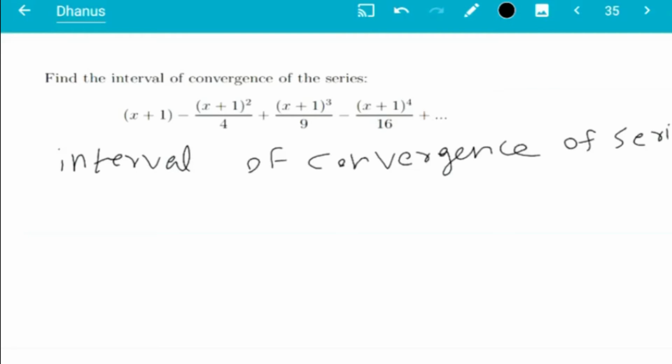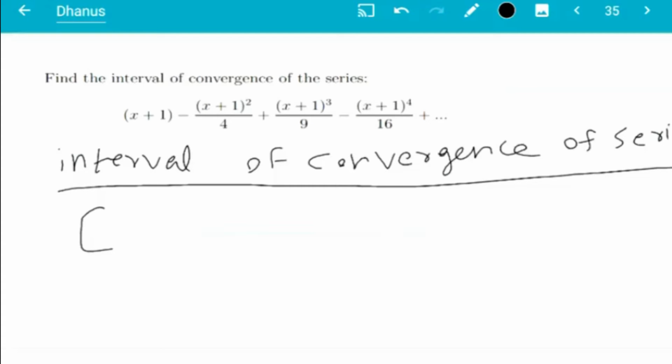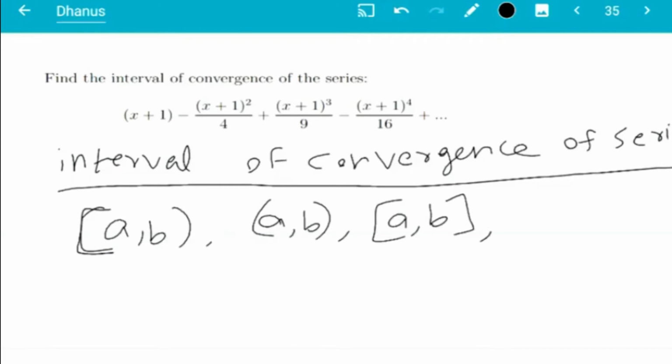That is, we have to find an interval of R, that may be open or closed, (a, b), [a, b], or any one of these, such that x belongs to this interval for this summation.